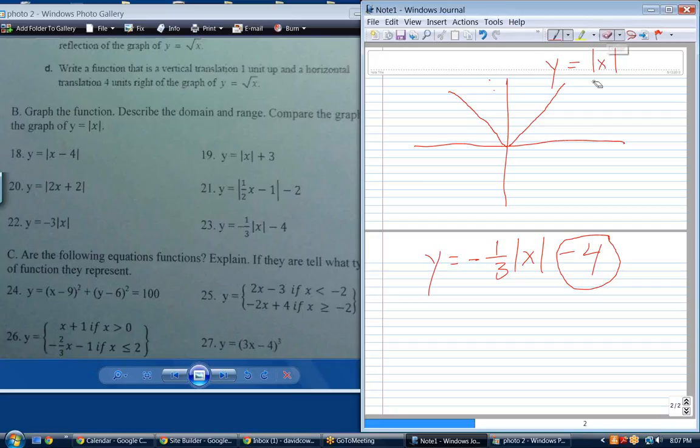And what is the consequence of the 1/3 in front of the absolute value of x? If the consequence of this 3 was a vertical stretch by a factor of 3, what do you suppose the consequence of this 1/3 is?